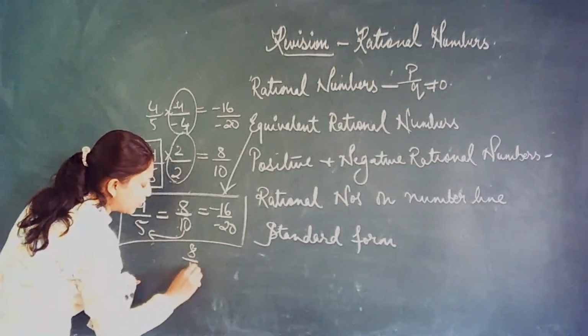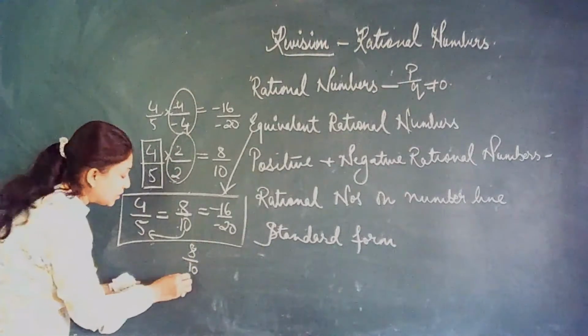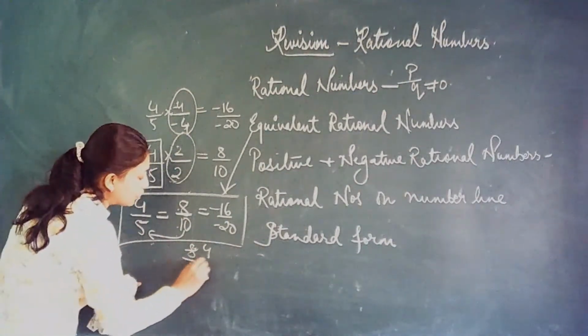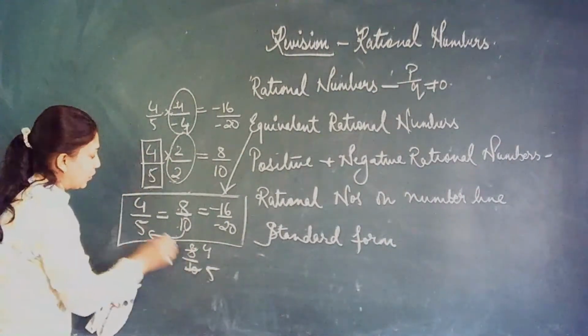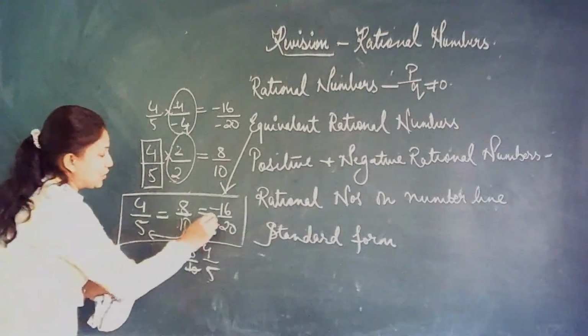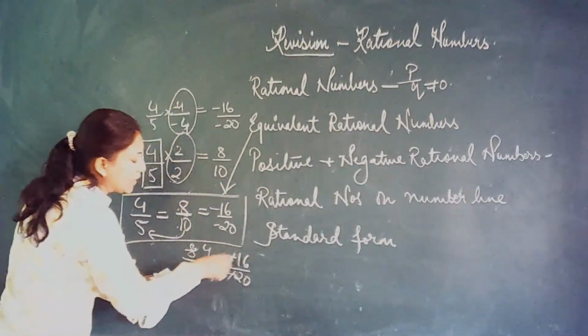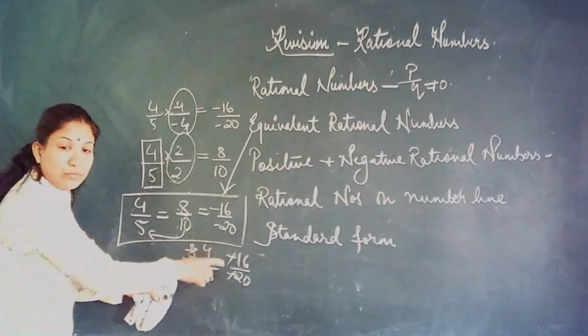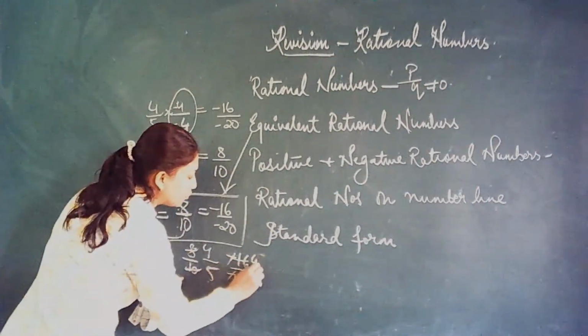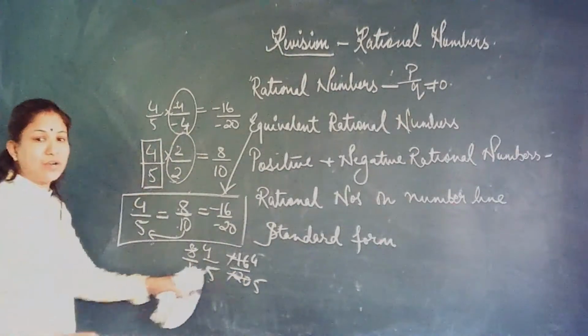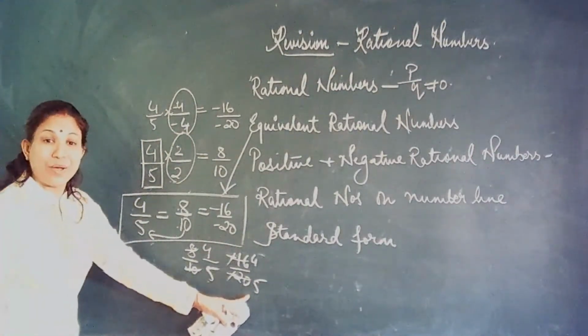Check. 8 upon 10. Now you can cancel this by 2 table. 2 fours are 8 and 2 fives are 10. What you get? 4 by 5. Check this one. Minus 16 upon minus 20. Minus will cancel each other. So take it with 4 table. 4 fours are 16, 4 fives are 20. What are you left with? 4 by 5.